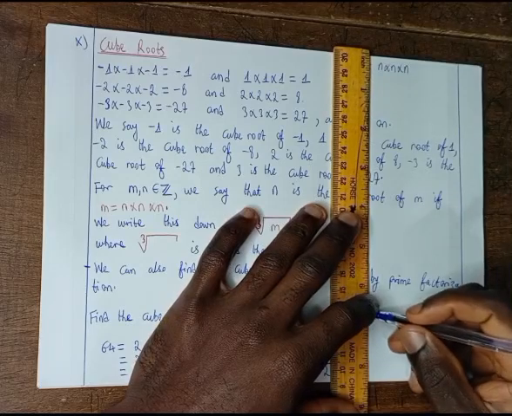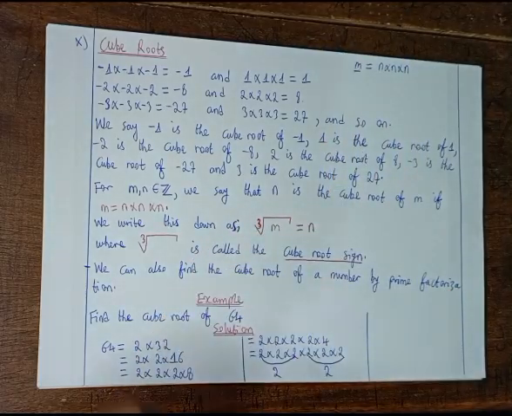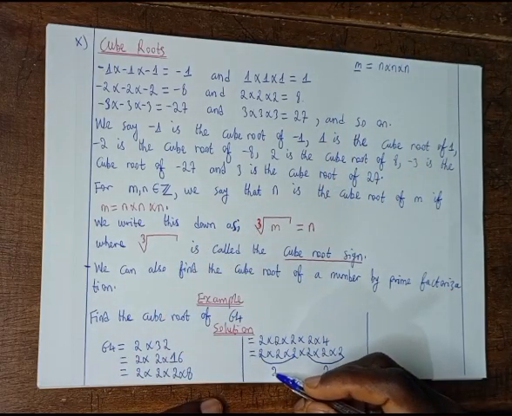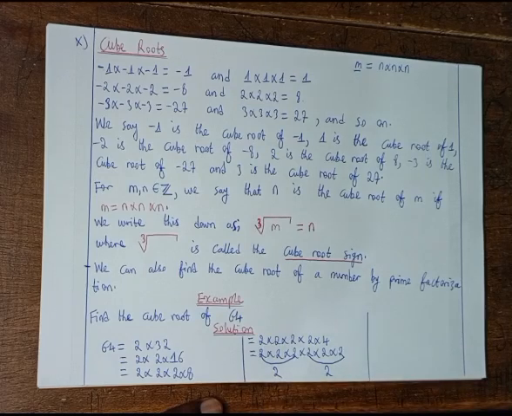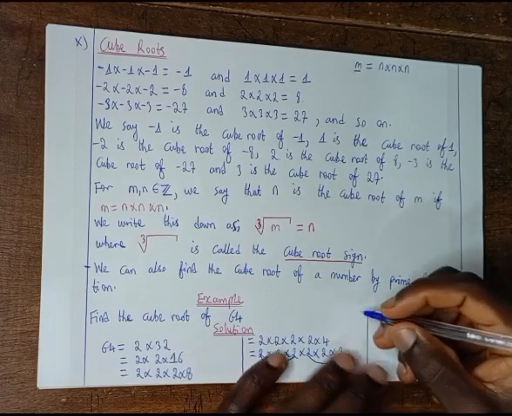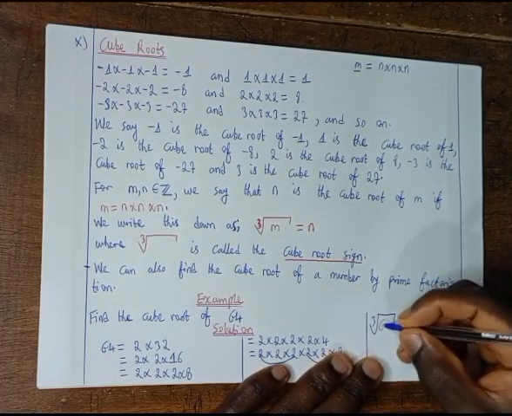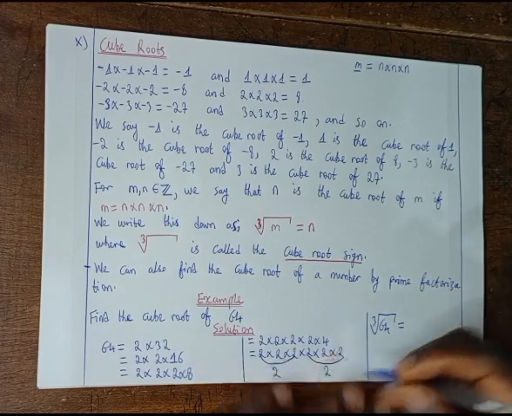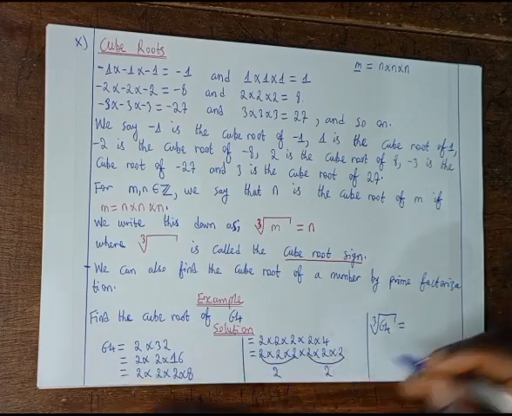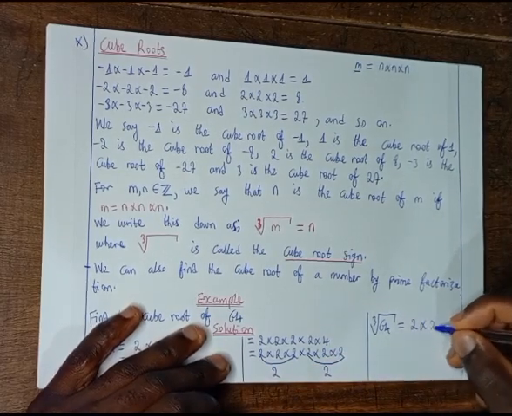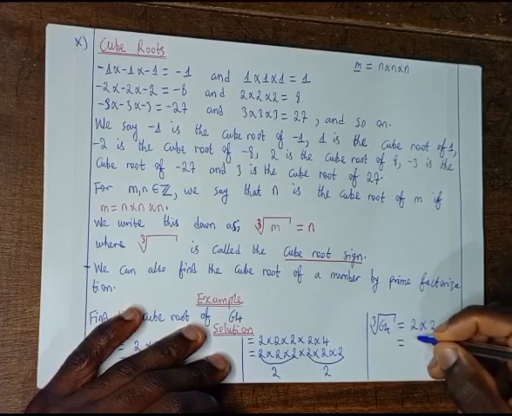Now, for us to get our cube root, we are simply going to multiply the prime factors extracted from each of the groups of 3. In this case, our cube root of 64 will simply be equal to 2 times 2, because we have just 2 groups of 3, which is simply equal to 4.